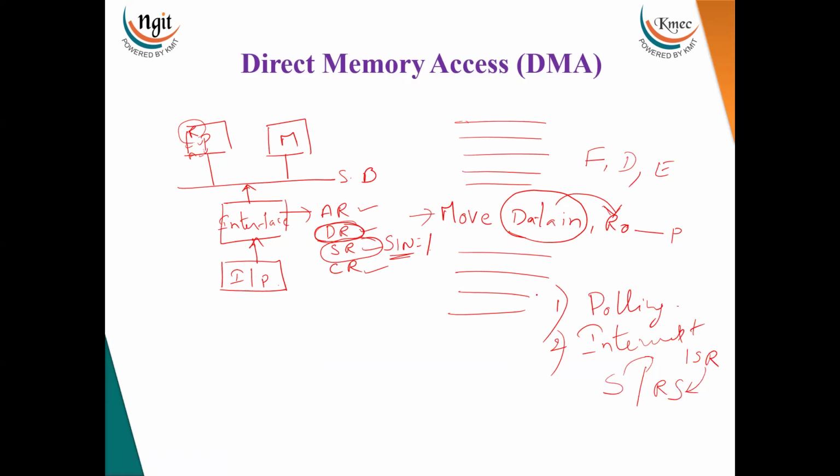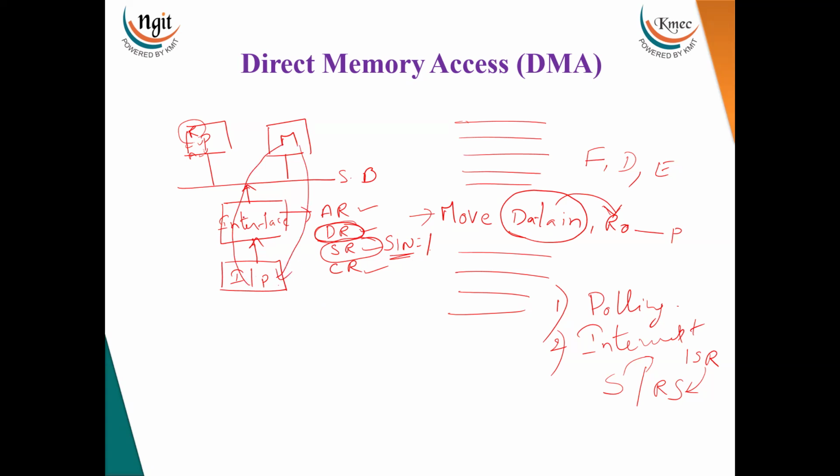To avoid that, to transfer a block of data, bulk data, with high speed, an alternate approach is used: a special control unit may be provided to allow the transfer of a block of data directly between external devices and the memory.